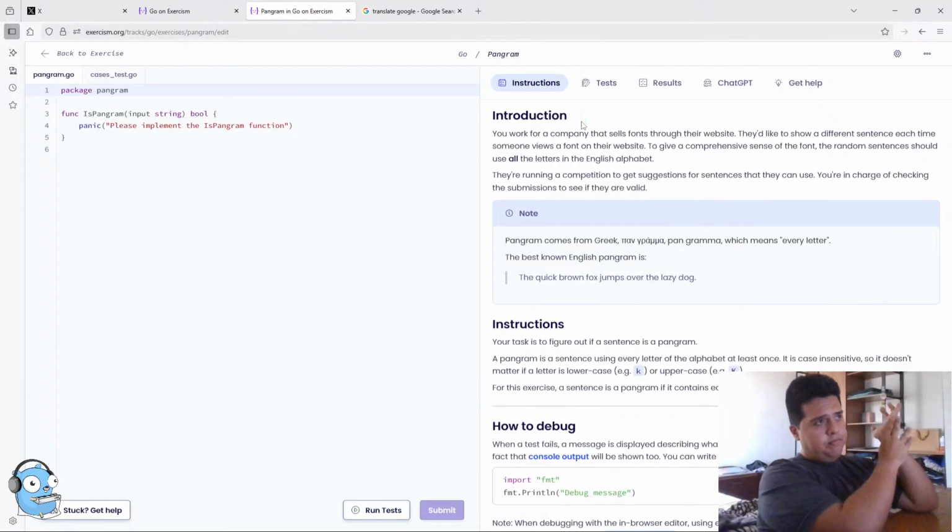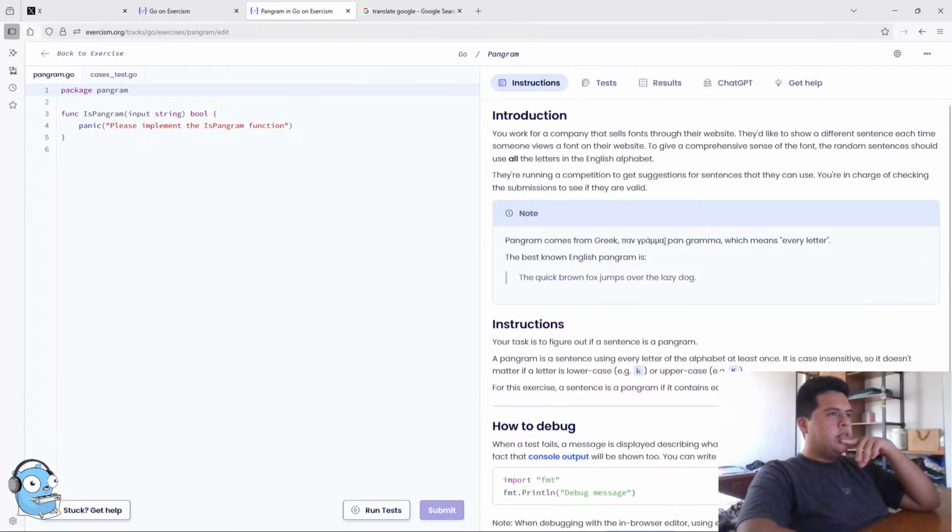They are running a competition to get suggestions for sentences that they can use. You're in charge of checking submissions to see if they are valid. Pangram comes from Greek, pangramma, which means every letter. The best known English pangram is the quick brown fox jumped over the lazy dog.